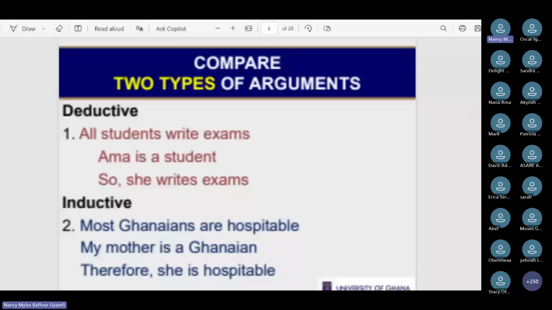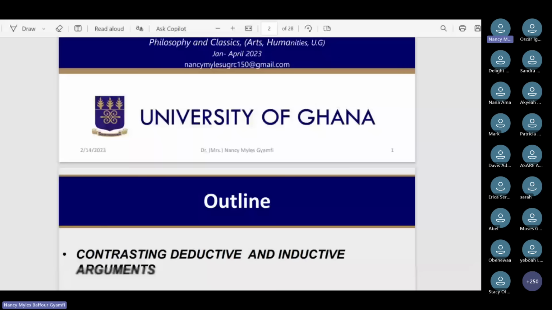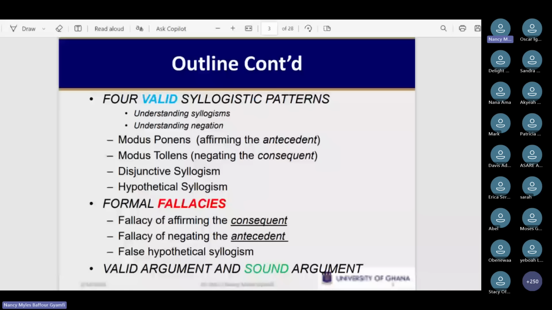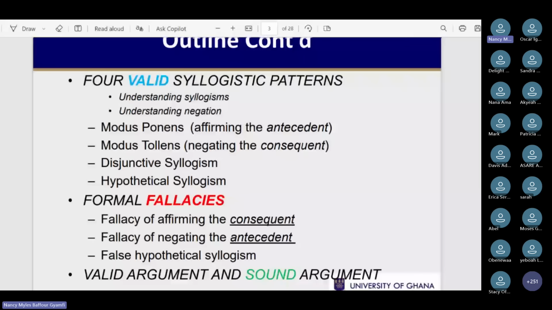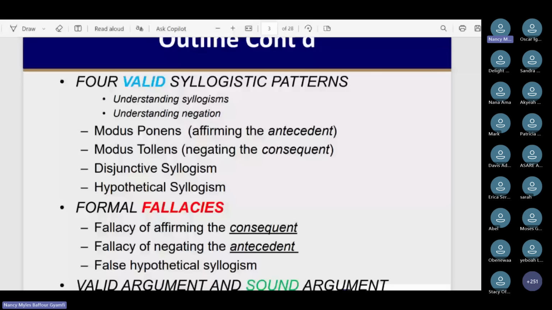Everyone, look on your screen, please. I'm showing you the outline before we even start looking. So look at it. The valid ones are the ones you see at the top there: ponens, tollens, disjunctive syllogism, hypothetical syllogism. Then their incorrect versions are the ones that we are describing as fallacies. But which type of fallacies? Formal fallacies.